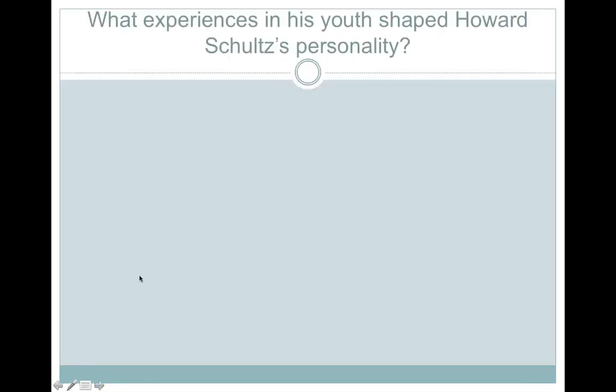Now, I recognize that only a small percentage of you were able to read the case, but I'd still like to ask a question of those of you who have been able to read the case. My question is basically related to experiences that Howard Schultz had in his youth that have shaped his personality.